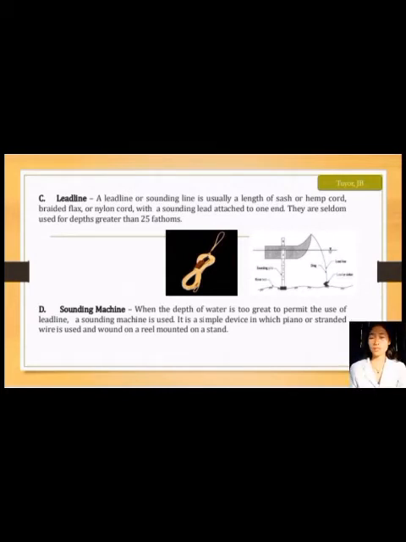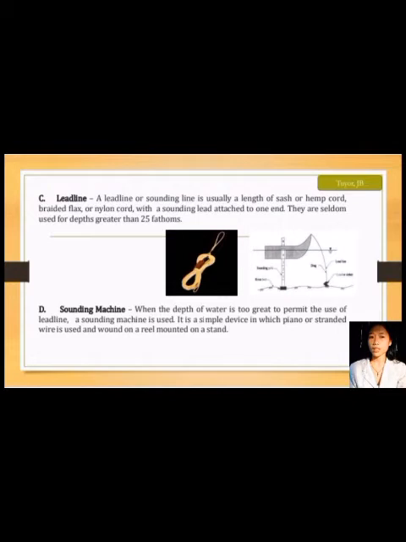And the fourth equipment is the sounding machine. When the depth of water is too great to permit the use of the lead line, a sounding machine is used. That is a simple device in which piano or stranded wire is used and wound on a reel mounted on a stand. The reel is turned by hand to raise the weight, and a brake is also provided to stop the rotation of the reel when the lead weight reaches the bottom of the body of water.